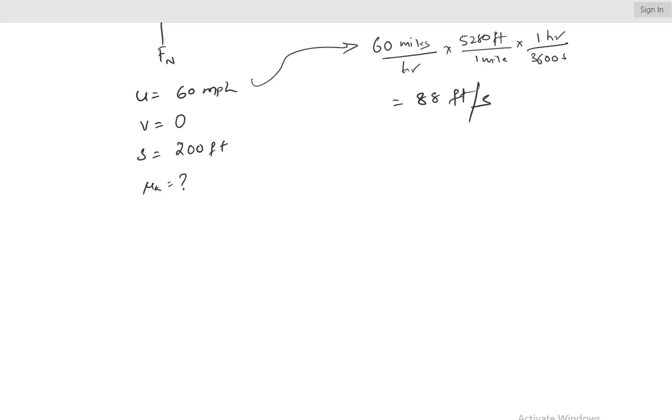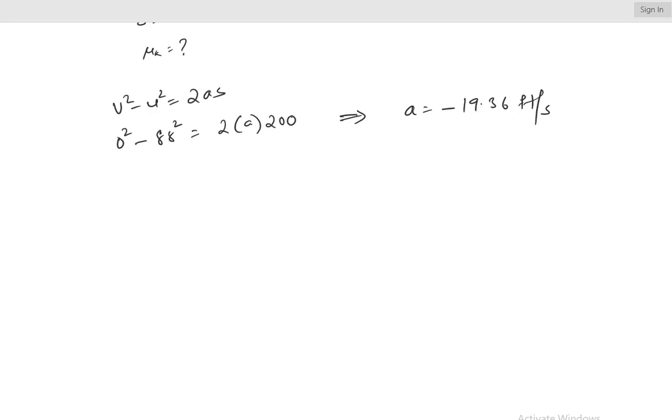Okay. All right, so now we'll use the formula v squared minus u squared is 2as. So v squared is 0 squared minus this is 88 squared is 2 times a times s is 200 feet. So a is equal to you get negative 19.36 feet per second squared.